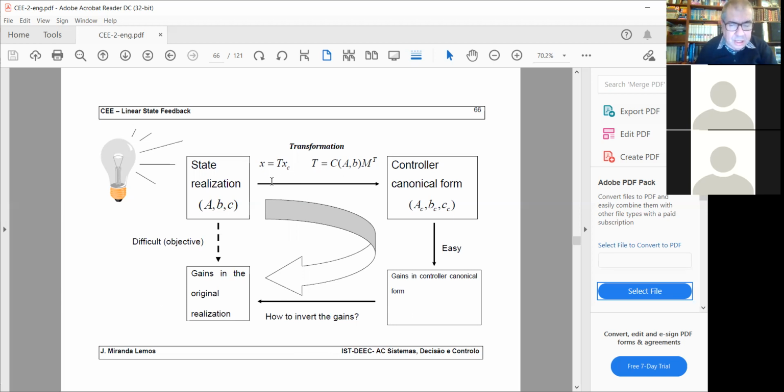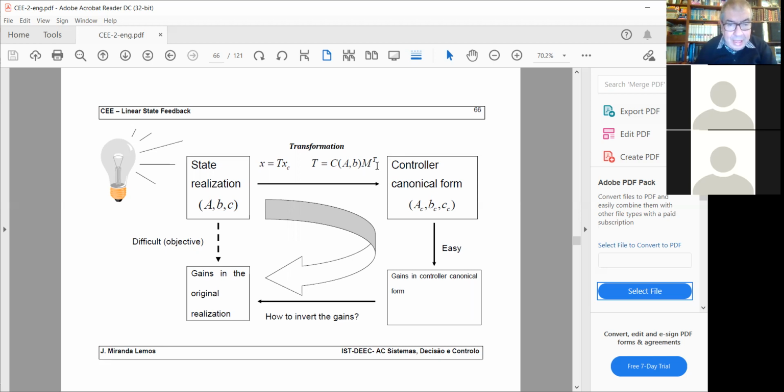Remember, we have seen that two controllable forms of the same order are related by a transformation, which is the controllability matrix of X times the inverse of the controllability matrix in the other, transformed state.